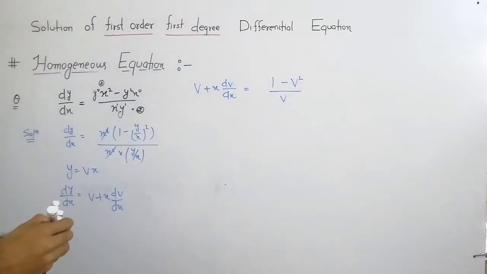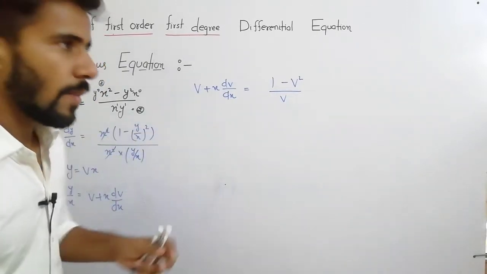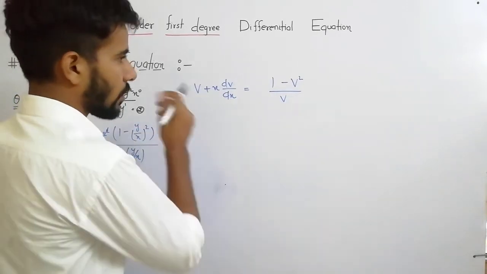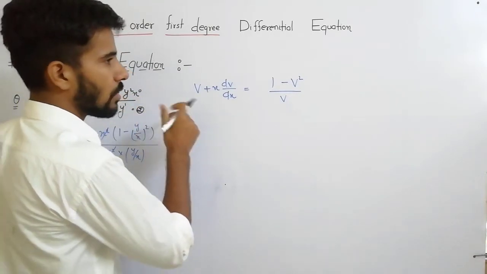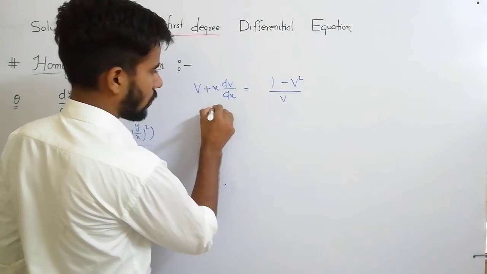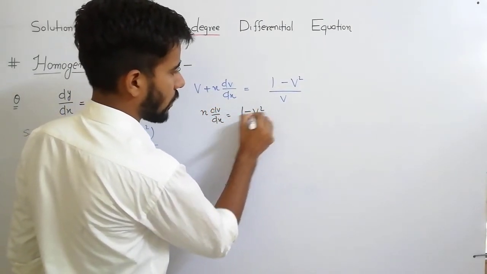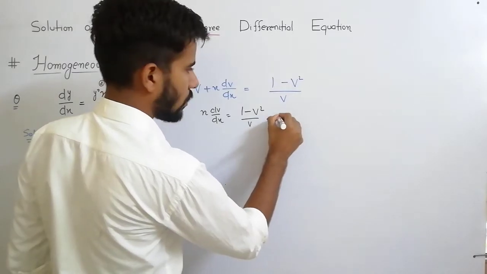So this equation is in the form of the variable separable method. Then x dv by dx is equal to 1 minus v square upon v minus v.